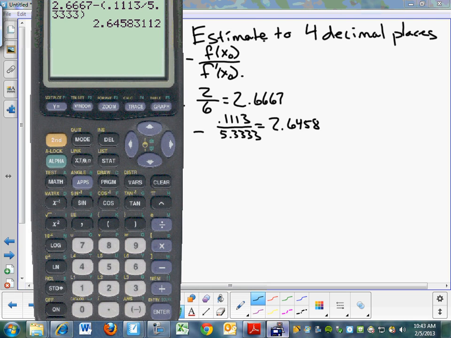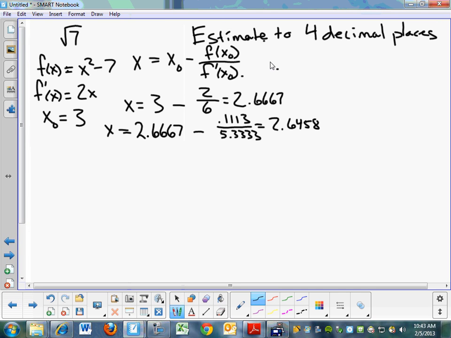Well, fortunately, it's an easy formula and we all know how to use it, right? We want that one to be 4 decimal points. Okay, so we try again. Okay. So now I'm going to use 2.6458.